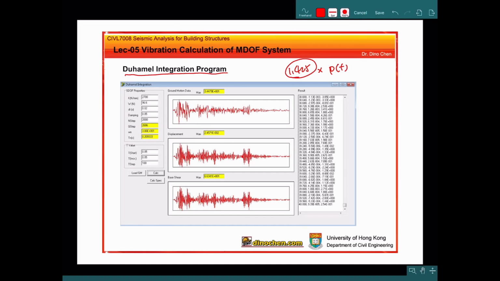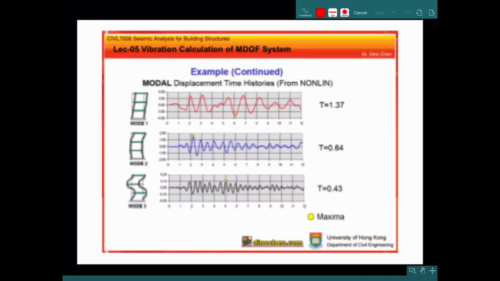So when we need to compute the 3DOF system, we just separate it into 3 single degree of freedom systems. Each single degree of freedom system has its own mass, damping constant, and stiffness. So you need to compute every result for the different modes.